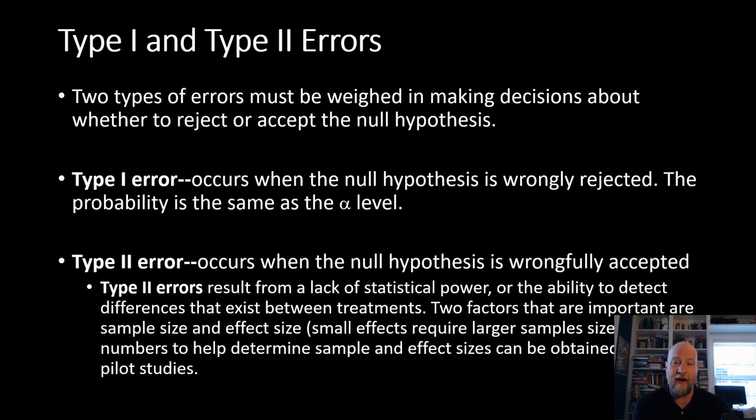So that's a type 1 error: when you reject the null when in fact the null hypothesis is true. That p-value is related to another statistic that we call the alpha level. They're the same thing. When I say I'm setting my p-value at 0.05, what I'm really saying is I'm setting my alpha level, my willingness to make a type 1 error, at 5%.